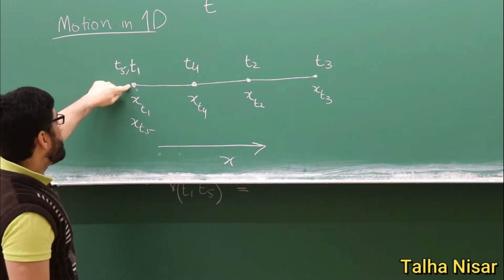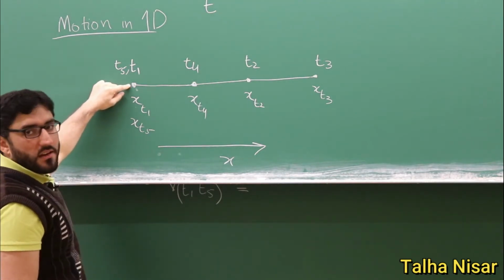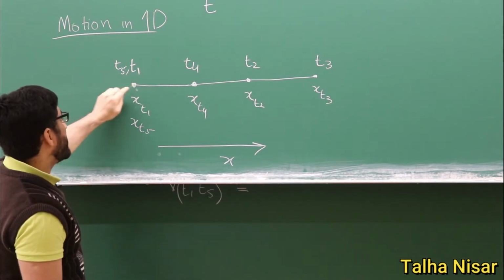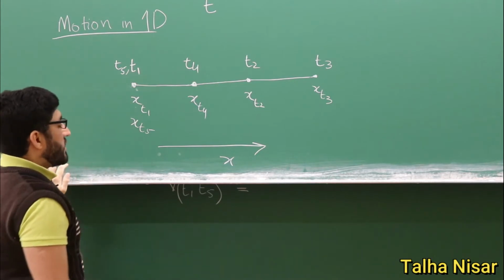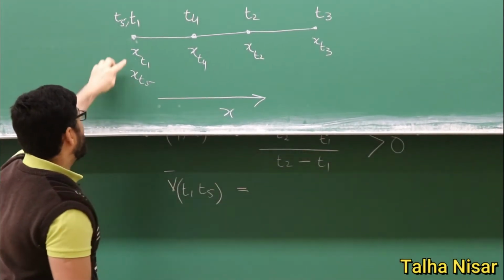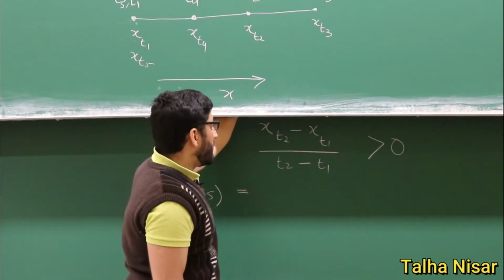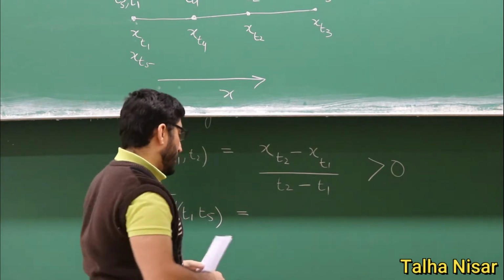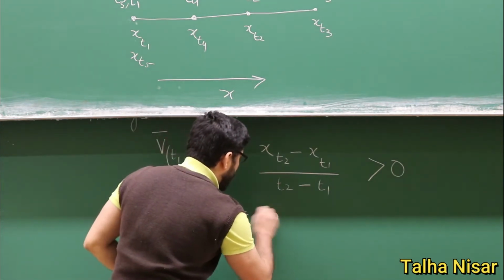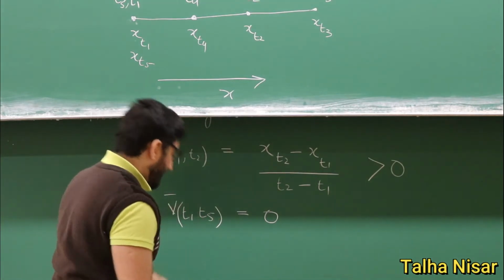We see that the displacement is 0, because the object comes back to the same position where it started. So the displacement is 0, which means the numerator is 0, although the time is not 0. So this is equal to 0 because the displacement is 0.